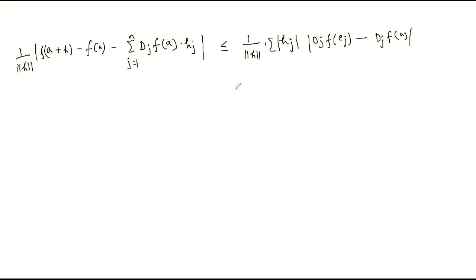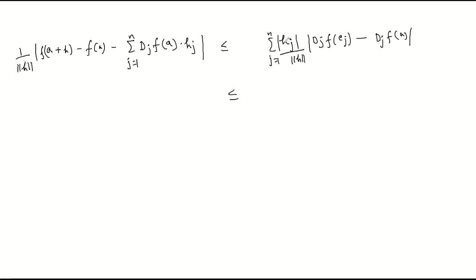And so this is the summation over j equal to 1 to n, and this is less or equal to, for every j, so let us write 1 over hj inside the summation. So this is over norm of h.